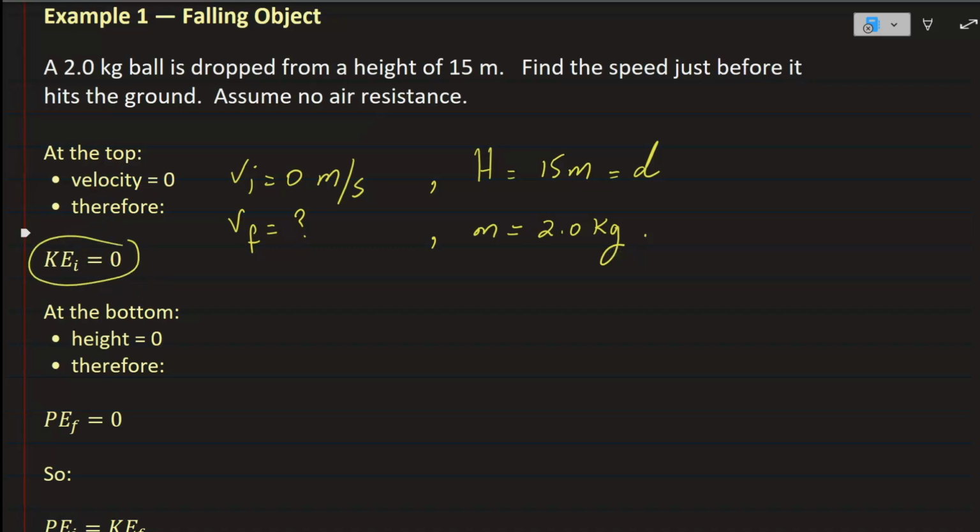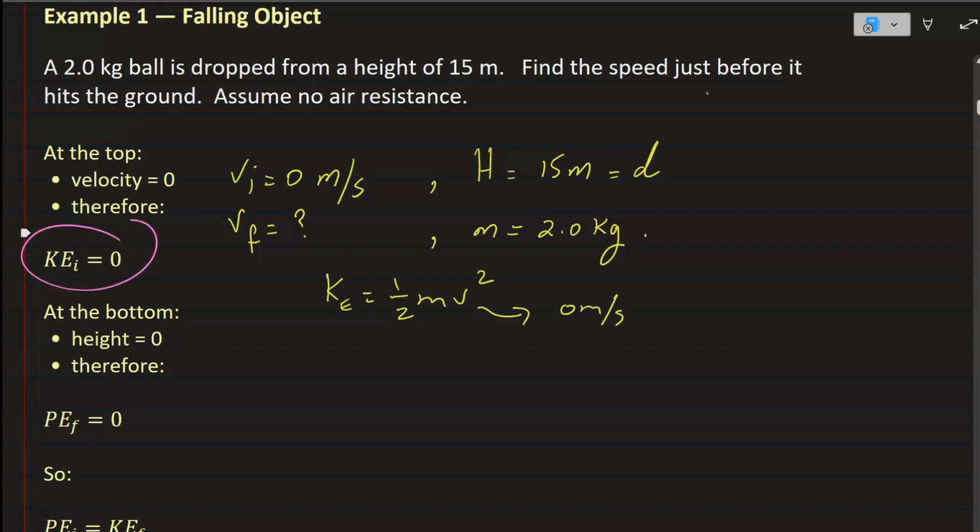It makes sense because it's not moving, right? Kinetic energy is the energy of motion. So since it doesn't move, it's 0, and you can plug it into the formula, 1/2 mv squared, where v is 0 meters per second. So obviously the kinetic energy will be 0 at the top.